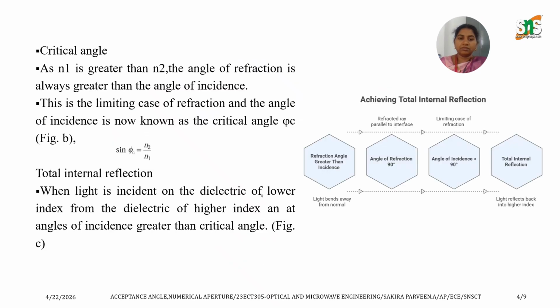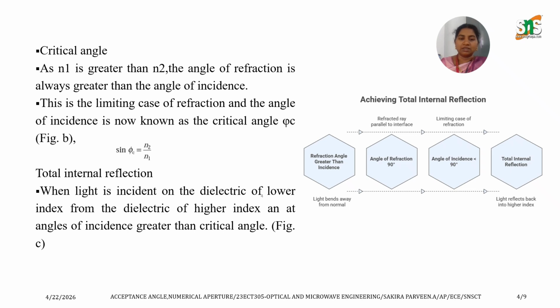Next is about the critical angle. Already I have told you n1 by n2 is equal to sine phi 2 by sine phi 1, so sine phi c is equal to n2 by n1. Here the critical angle term is very important. From an exam point of view, they will ask what is the critical angle and what is the value of the critical angle.